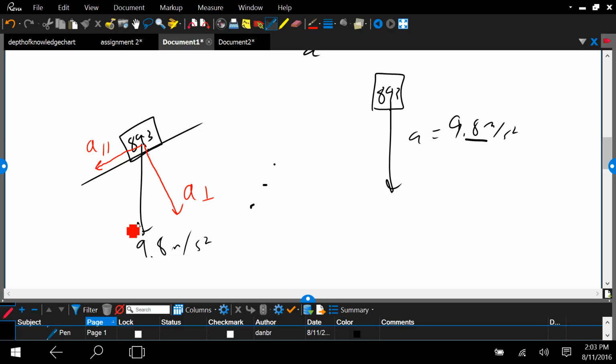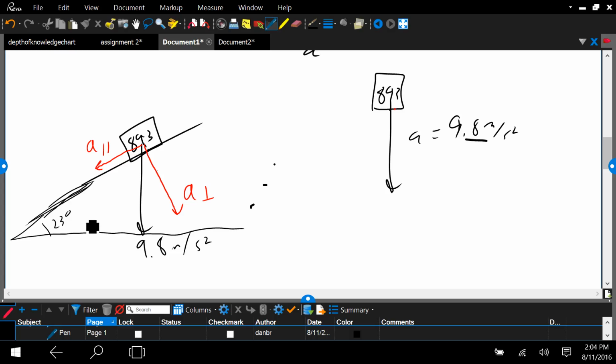Now, this is a geometry problem, it turns out, and it's not even a very difficult one. What we have to recognize is we know the angle of the hill. If the hill is at an angle of 23 degrees, then there's a similar triangle formed by the accelerations and also by the hill.